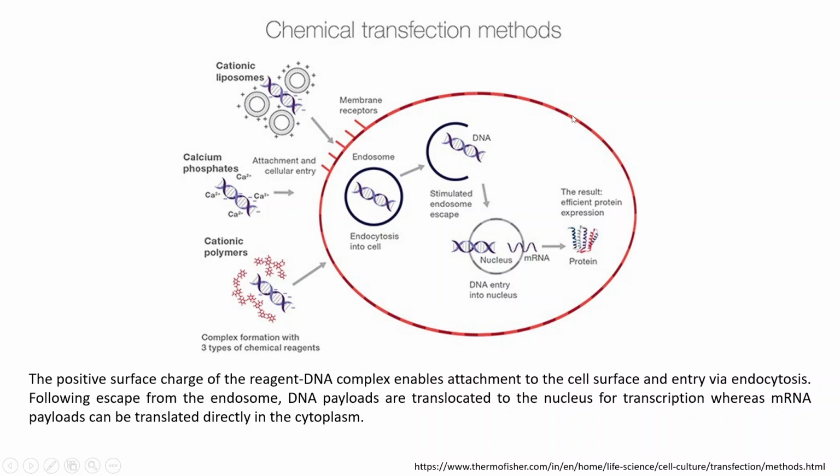So what does that mean? Suppose this cell has some normal amount of actin, but we want a fluorescently labeled actin. So we can overexpress a fluorescently labeled actin probe. We use this actin probe in a plasmid. We can use either a liposome, the calcium phosphate method, or cationic polymers to complex that plasmid DNA, which will stick onto the cell.